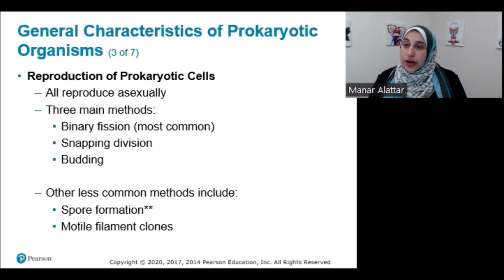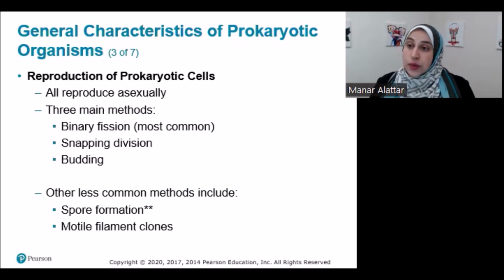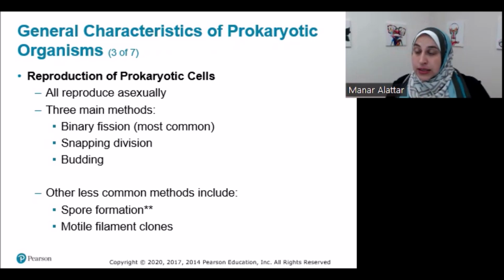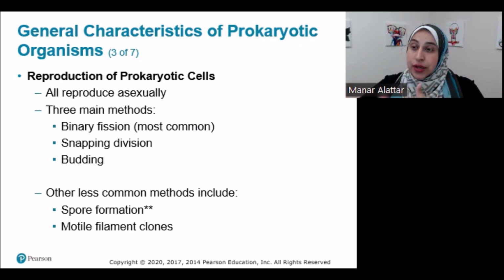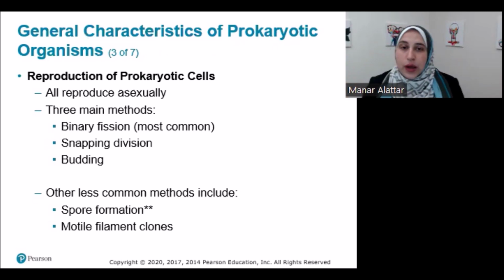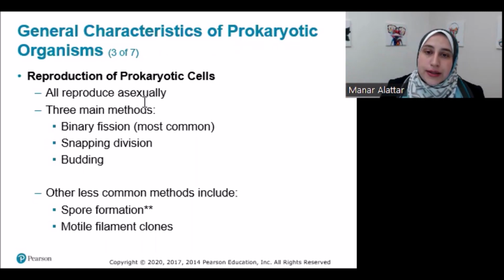So in terms of reproductive strategies, as far as we know, all prokaryotes reproduce asexually. That means that the parent cell and the daughter cells are clones of one another consistently throughout archaea and bacteria. We did talk a little bit about horizontal gene transfer, where you have transfer of genetic information between peers horizontally, but we don't have sexual reproduction that we know of in prokaryotic organisms.